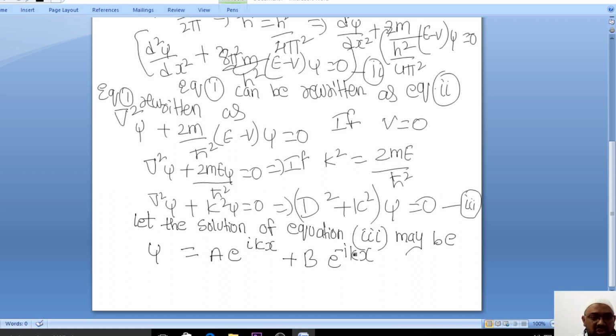Now this is the solution of equation number 3. So we are considering that psi is equal to a into e to the power of ikx plus b into e to the power of minus ikx.